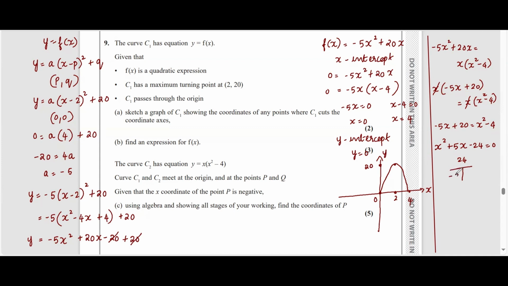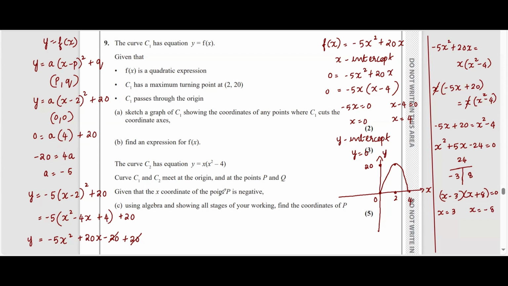That is minus 3 and 8. When you multiply, you get minus 24, and when you add them, you get 5. So this will be (x minus 3) into (x plus 8) is equal to 0. Therefore, x is equal to 3 and x is equal to minus 8.